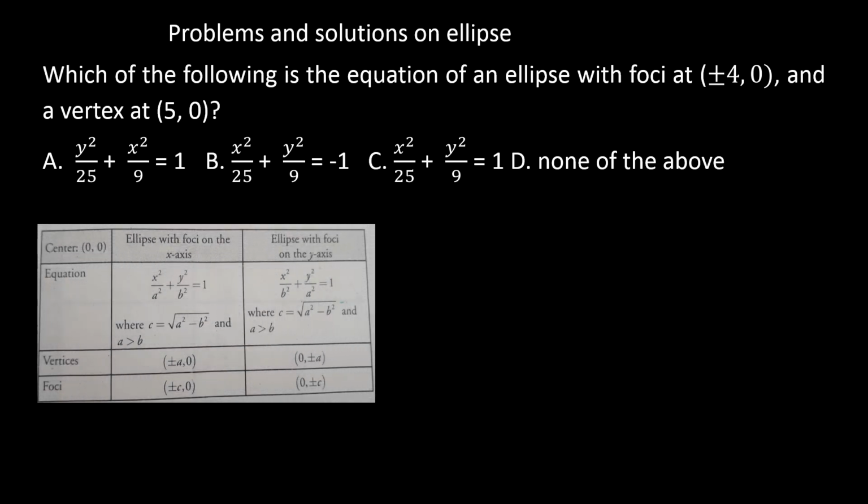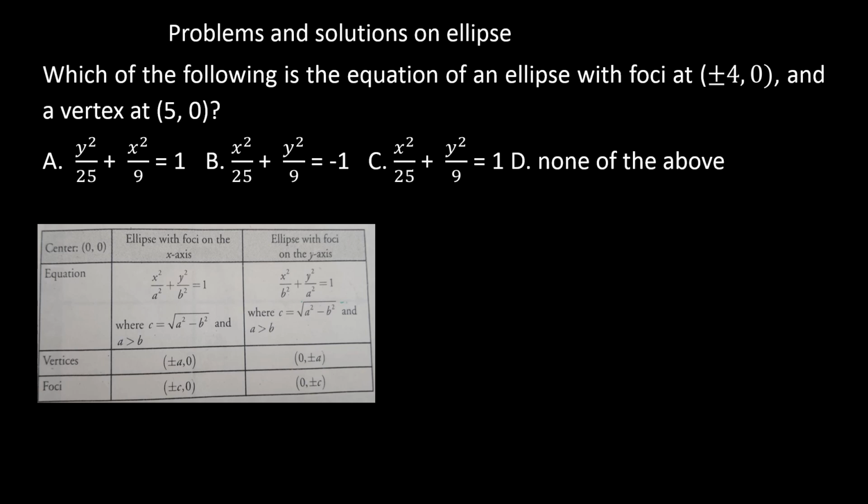So let us figure out which of these equations fits, using the table of properties of the ellipse with center at (0, 0). Remember that the given foci are (±4, 0). Looking into the properties corresponding to the vertices of the two given equations, the first has vertices at (±a, 0) and the second at (0, ±a). So obviously the first equation will satisfy this type of problem.